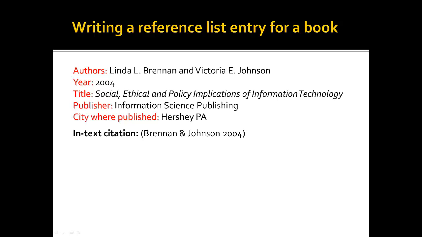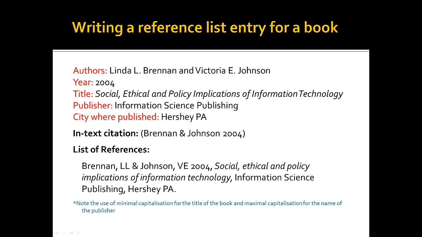So in the in-text citation, it would appear like this. Brennan and Johnson, 2004. You would also have page numbers if they were relevant, but only the authors' family names, no initials. Whereas in the list of references, you have the complete details. So Brennan, comma, L.L. Even though on the book it says Linda L. Brennan, you would write it here as Brennan, comma, L.L., then use the ampersand or the 'and' symbol, Johnson, comma, V.E., and then we have the date of publication, 2004, and the title of the book.